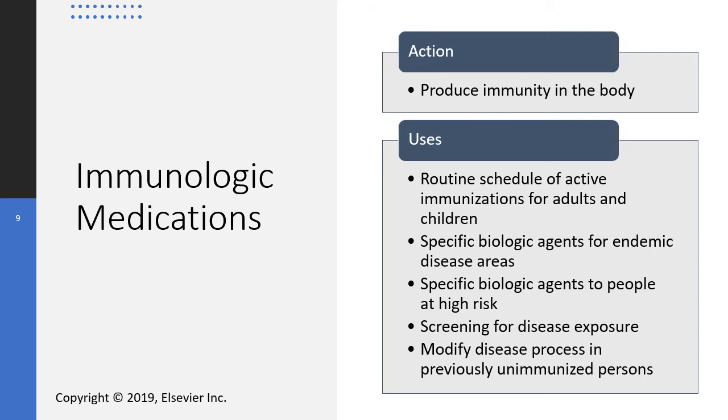All right, let's talk about immunologic medications. What do you guys think the purpose of these medications are? There's a lot of uses for them. We use them for routine administration of immunizations for specific diseases. We have recommended schedules that we go through for children. We have recommended schedules that we go through for people who live in other countries or are traveling.